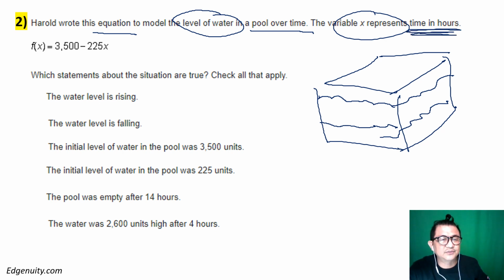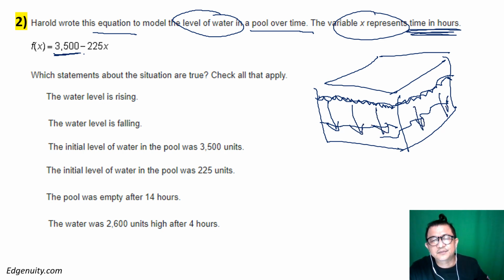Now check this out, it already has water inside, 3,500. And subtract, meaning water is going down, water is spilling. By how much? 225 times the number of hours. Which statements about this equation are true?